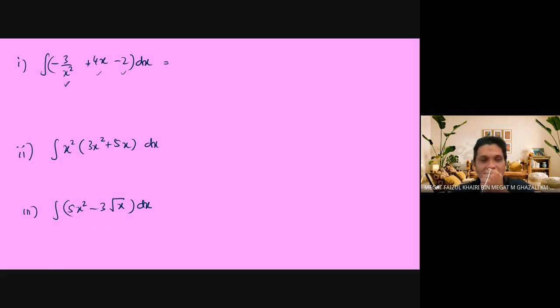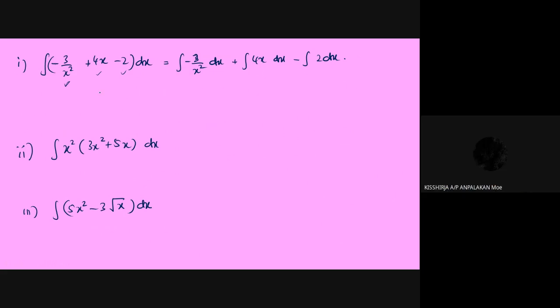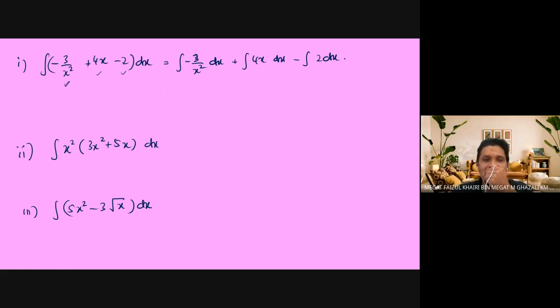Or the second option is you separate it into the integral of negative 3 over x squared dx plus the integral of 4x dx minus the integral of 2 dx. Do you understand what I mean? If you straightly integrate this, it is correct. Or if you separate them one by one, it's all correct too. No problem.